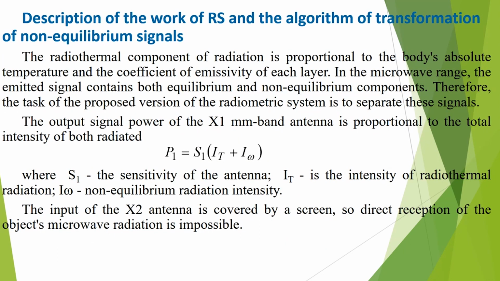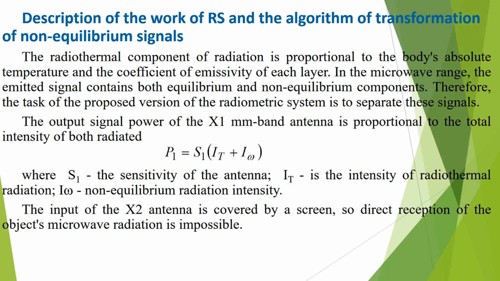In the microwave range, the emitted signal contains both equilibrium and non-equilibrium components. Therefore, the task of the proposed radiometric system is to separate these signals. The output signal power of the X1 millimeter band antenna is proportional to the total intensity of both radiations.